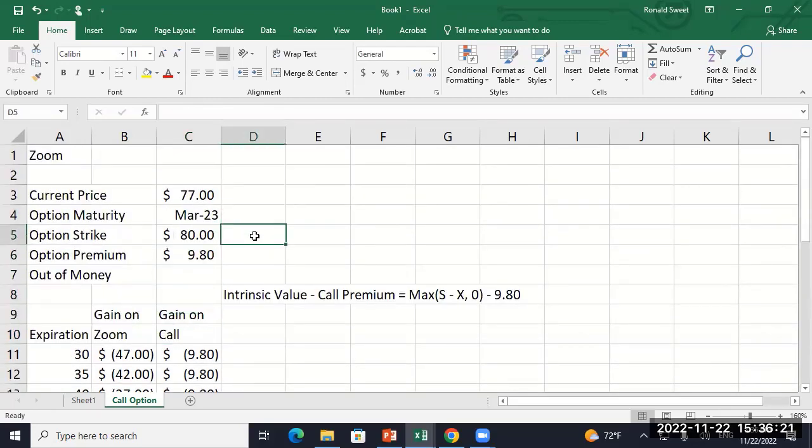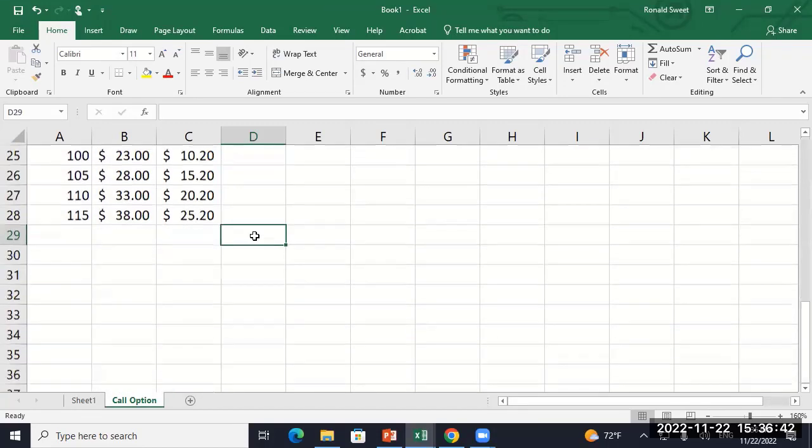Stock price has to get to what before I start making a penny? So close, you're adding it to the wrong number. You added it to the stock price, but remember, we don't get to buy it at 77, we get to buy it at 80. So where do we break even? 89.80.